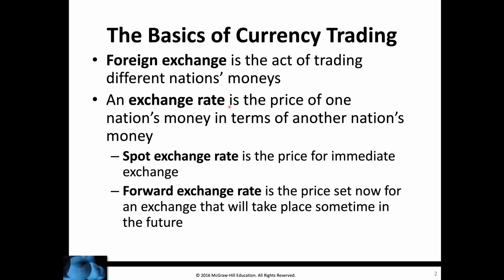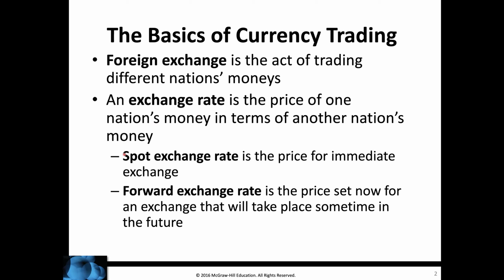An exchange rate is the price of one nation's money in terms of another nation's money. And so right now it might be somewhere around $1.30 per British pound. So it would cost $1.30 to buy 1 British pound. So the exchange rate, if we looked at it in terms of British pounds, would be $1.30 per British pound.